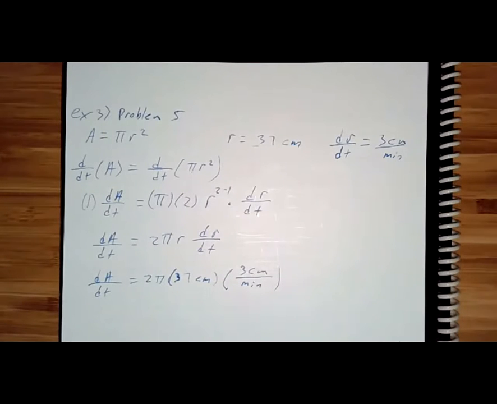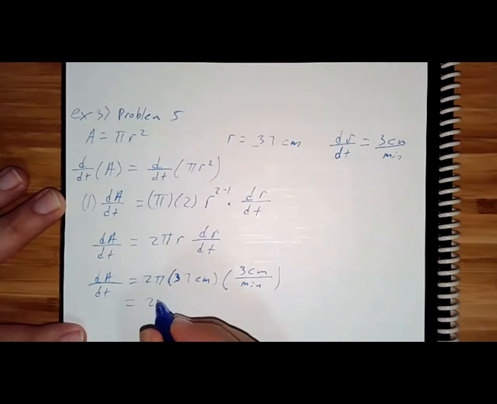So this will become what? 2 times 3 is 6, or 2 times 37 times 3, yeah, there it is.